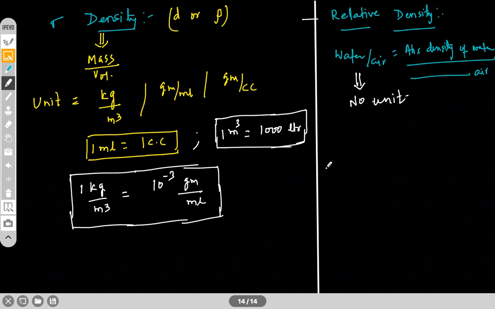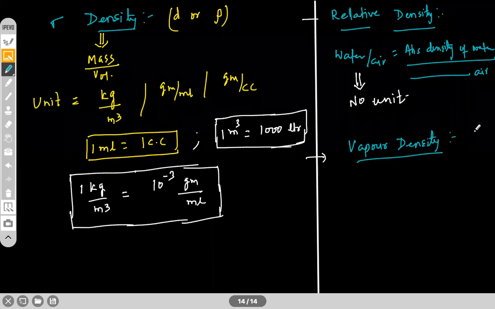Similarly, with this concept, we also define another term, and that we call vapor density, VD. Write down, it is the density of a gas with respect to the density of hydrogen gas.